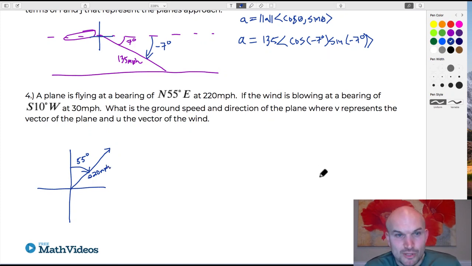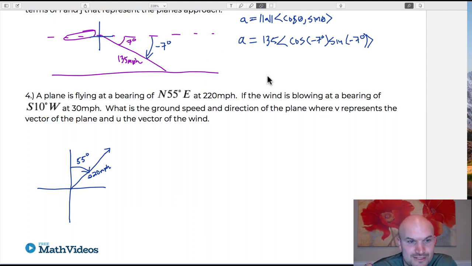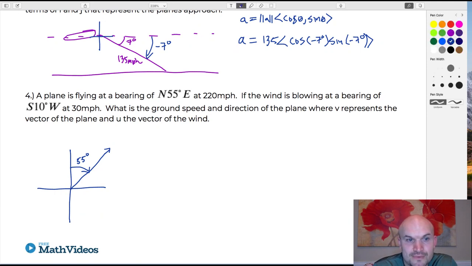All right, if the wind is blowing at a bearing of south 10 degrees west, crap, that's going in the other direction. So that's going to be right where I had all my writing. All right, we'll just draw the vector there. So the wind, what I'll do is I'll do two vectors.